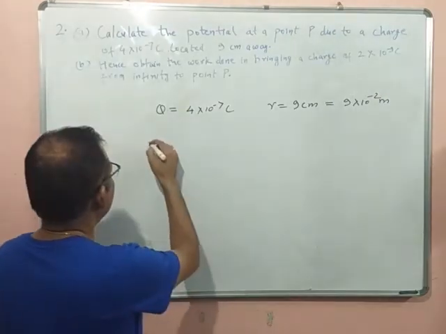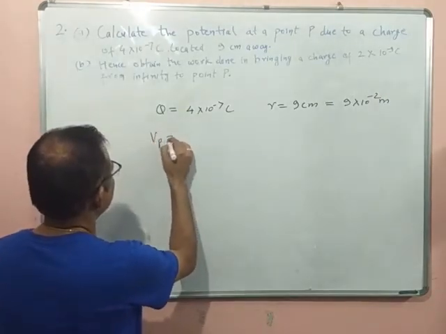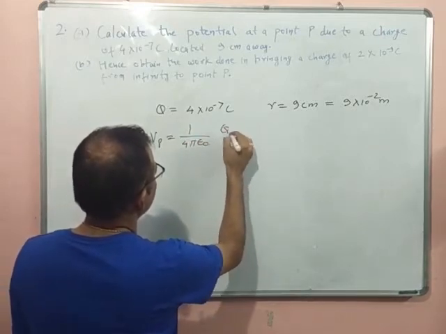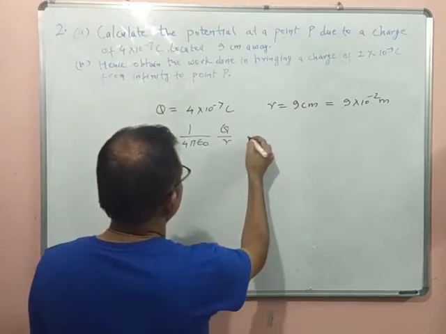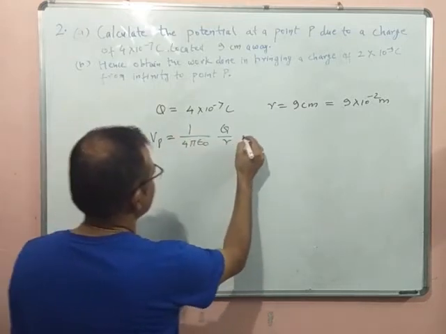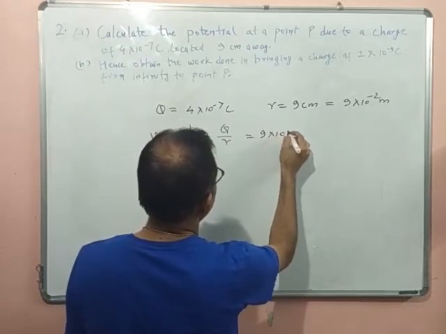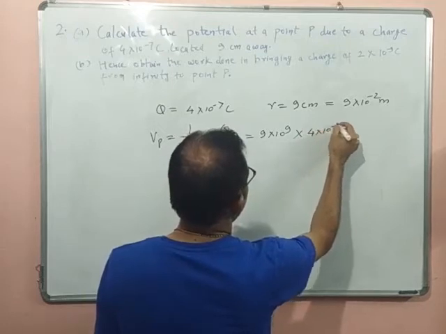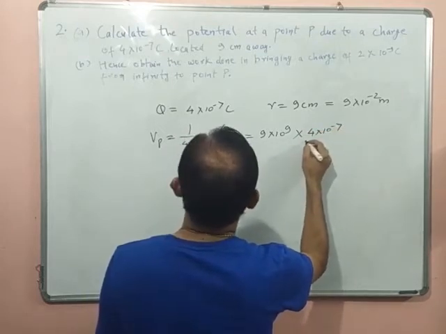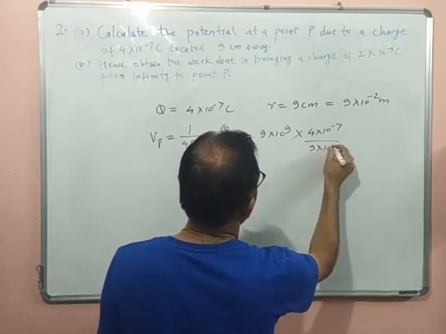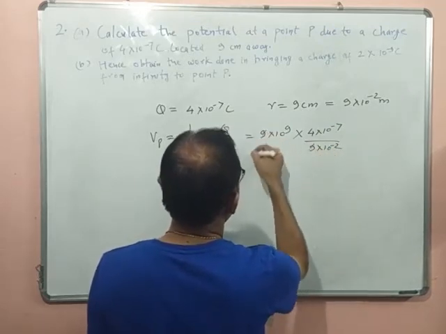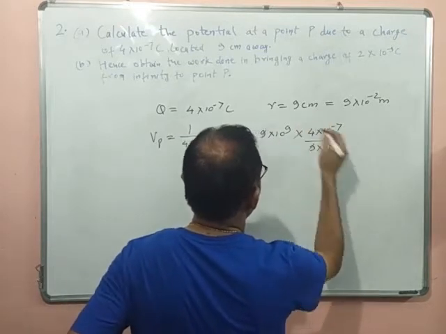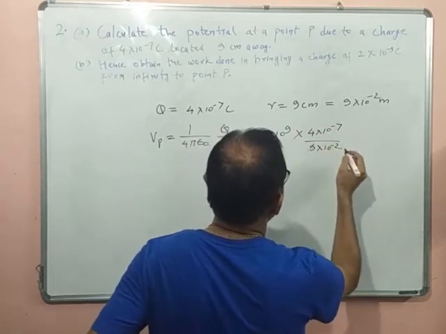So potential at point P, Vp, is equal to 1 upon 4 pi epsilon naught Q upon R. The value of 1 upon 4 pi epsilon naught is 9 into 10 to the power 9, into Q which is 4 into 10 to the power minus 7, upon R which is 9 into 10 to the power minus 2. 9 and 9 will be cancelled out, and the 10 to the power minus 2 goes up and becomes 9 minus 7 plus 2.